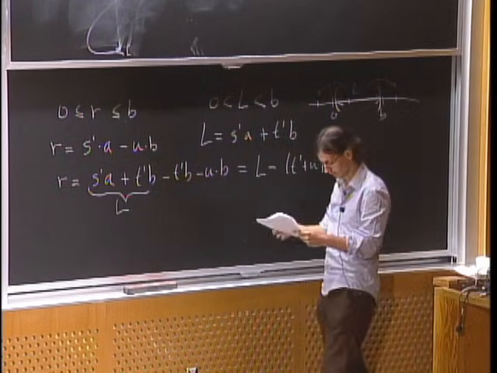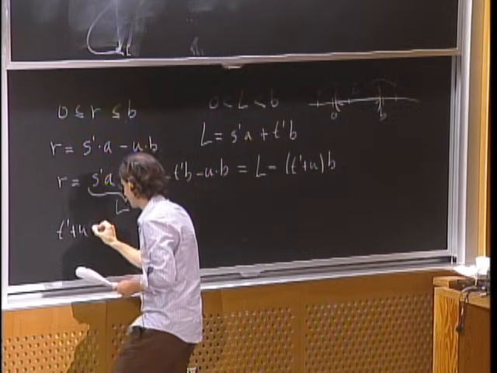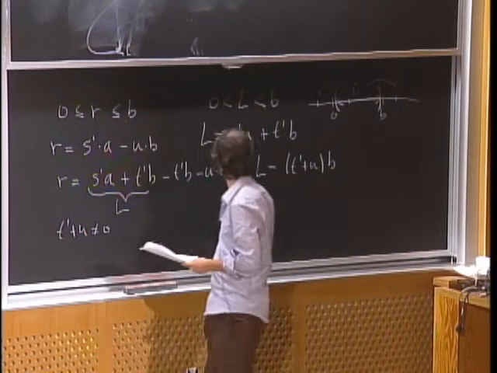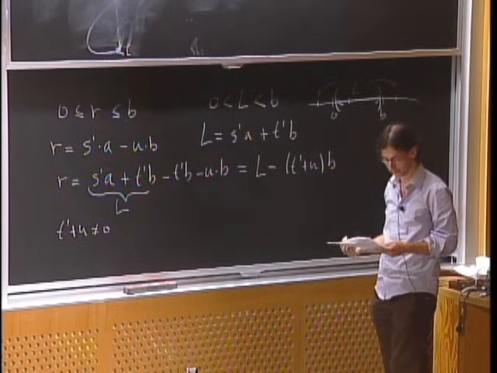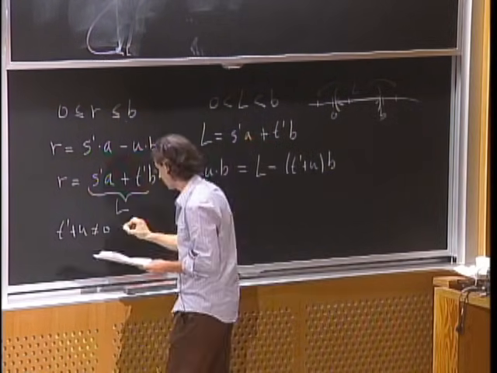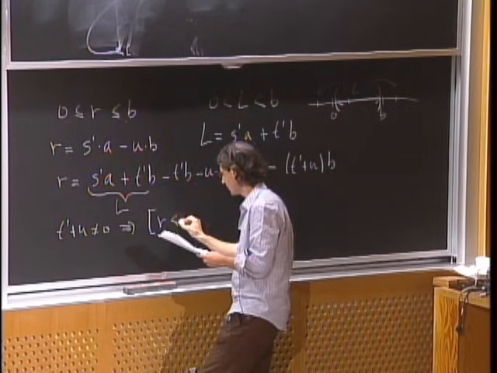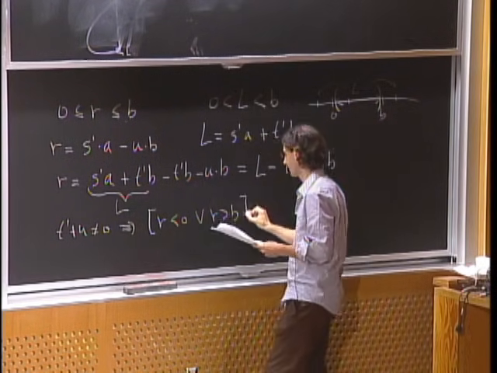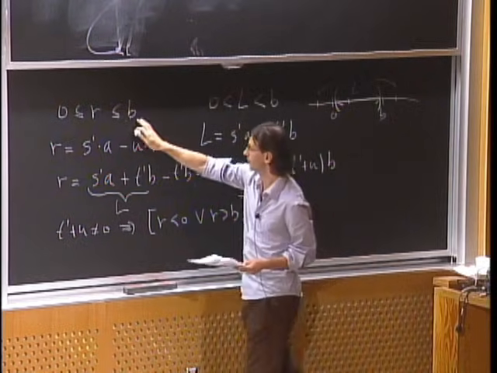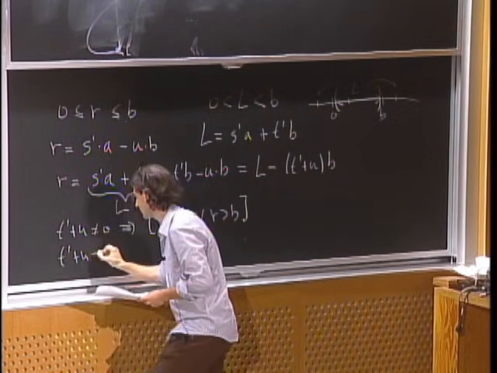So let's write it out. So if T prime plus U is unequal to 0, so I actually really subtract or add a multiple of B, then I know that R is either smaller than 0 or R is larger than B. Now we know that that cannot be the case, so we can conclude that T prime plus U equals 0.